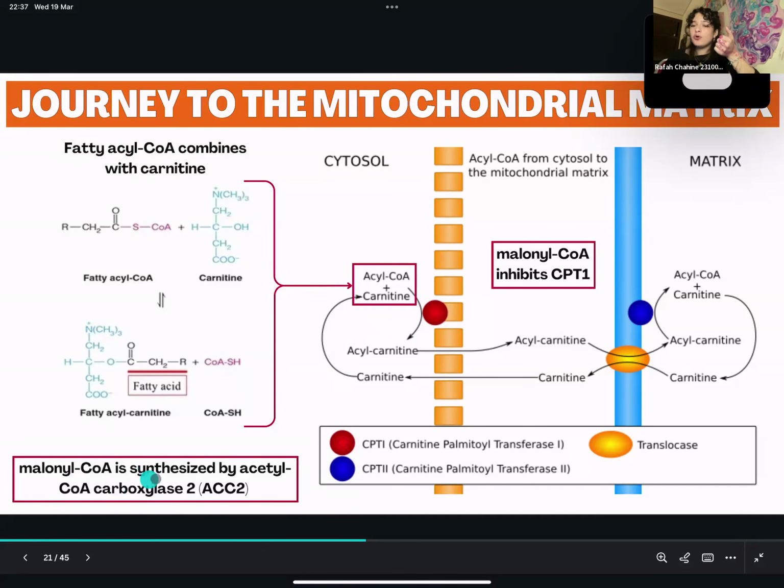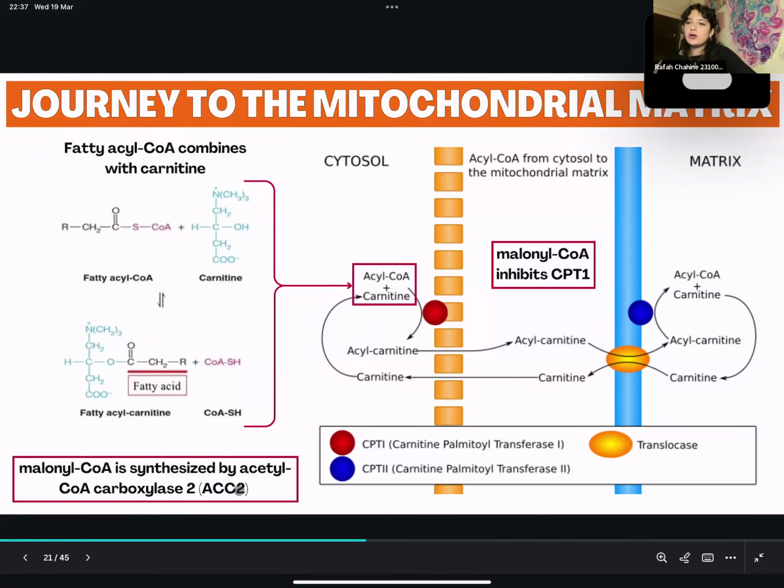The way malonyl-CoA is synthesized is by acetyl-CoA carboxylase 2, an enzyme that you've probably taken in the fatty acid synthesis lecture. The reason this is relevant is because the doctor mentioned it in your transcription. It's called ACC2 because there's an ACC1, but the one that we're most concerned about is ACC2.